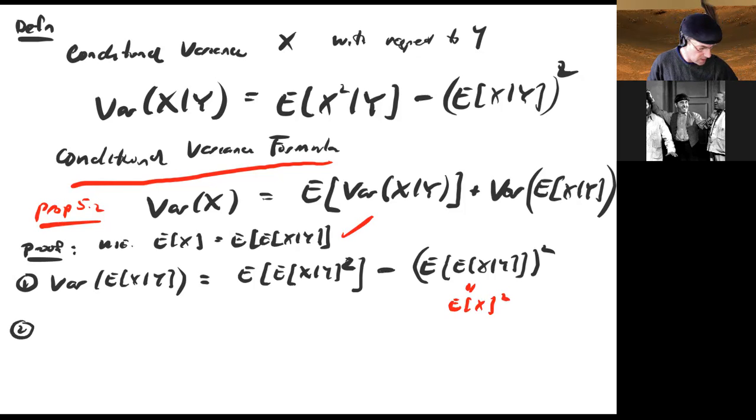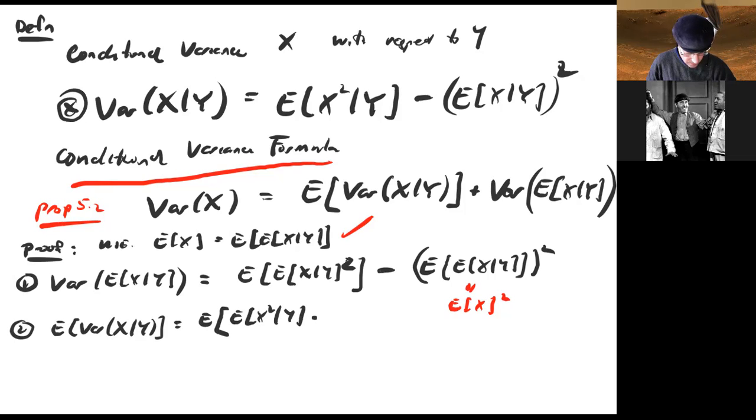So step two. Let's calculate the expected value of the variance of X conditioned to Y. Well, we know what the variance is. This is what we defined up here. Use the definition: the variance of X conditioned to Y is E of X squared conditioned to Y minus E of X conditioned to Y, squared.